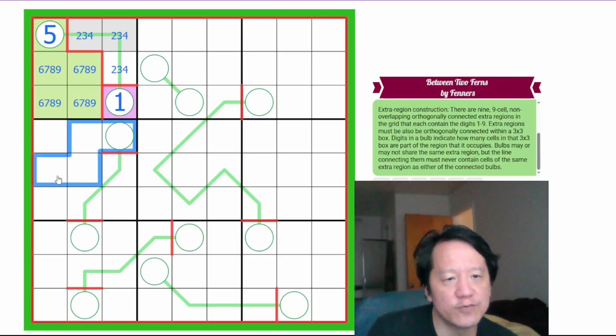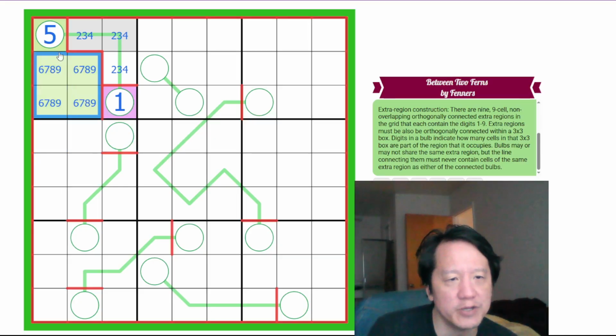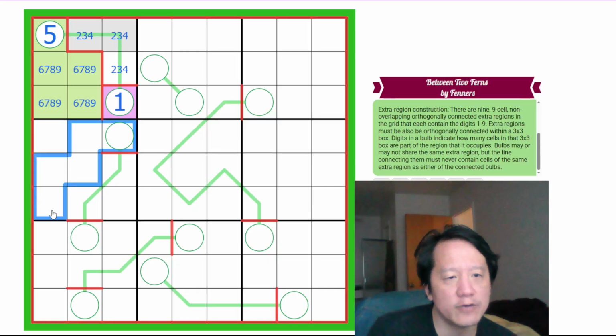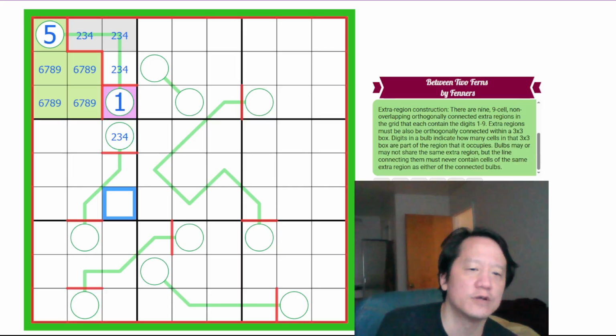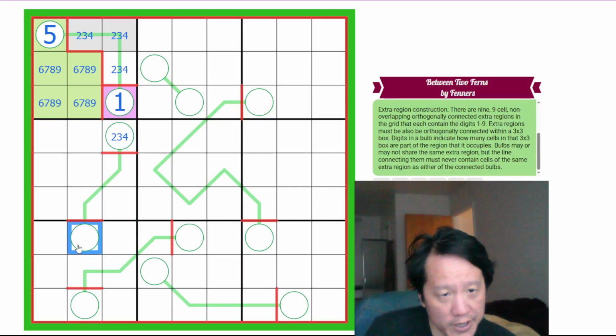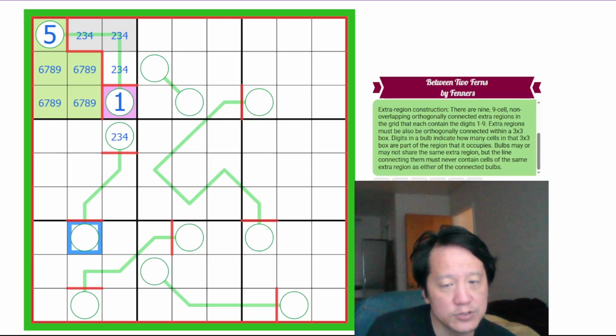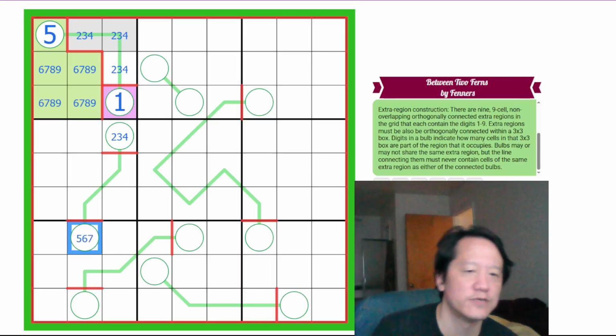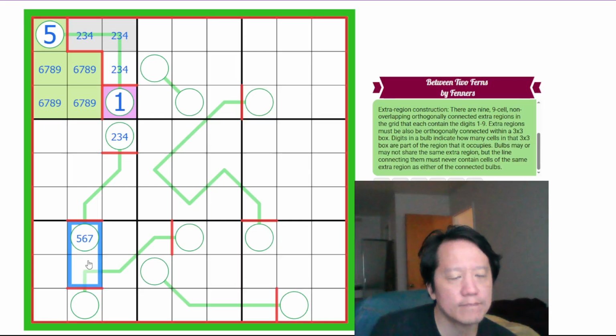Can't be 5 for the same regioning. It's too big to be part of green. Also, you'd have a repeat as part of green, and it would block the green from being more than 6 digits. So this has to be 2, 3, or 4 here. This can't be 1. Can't be 2, 3, or 4. This is 5, 6, or 7, because it can't be 8, because then this wouldn't have a region.